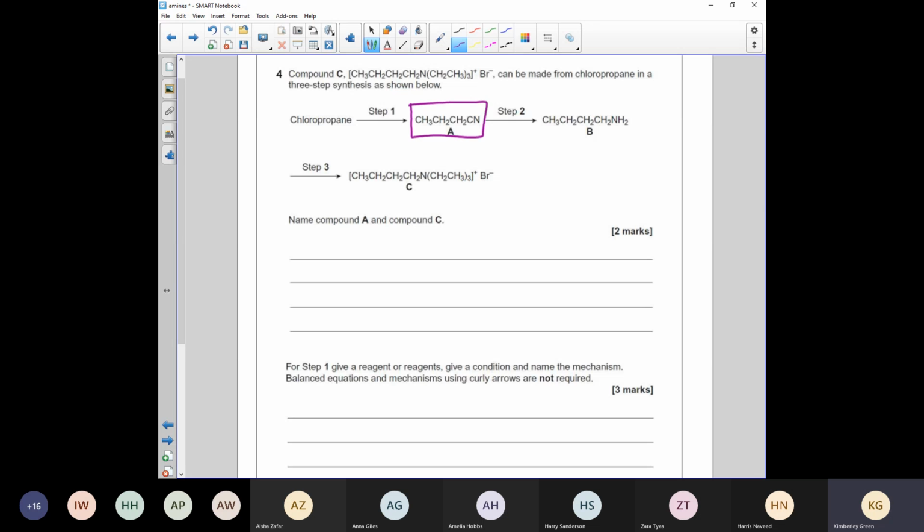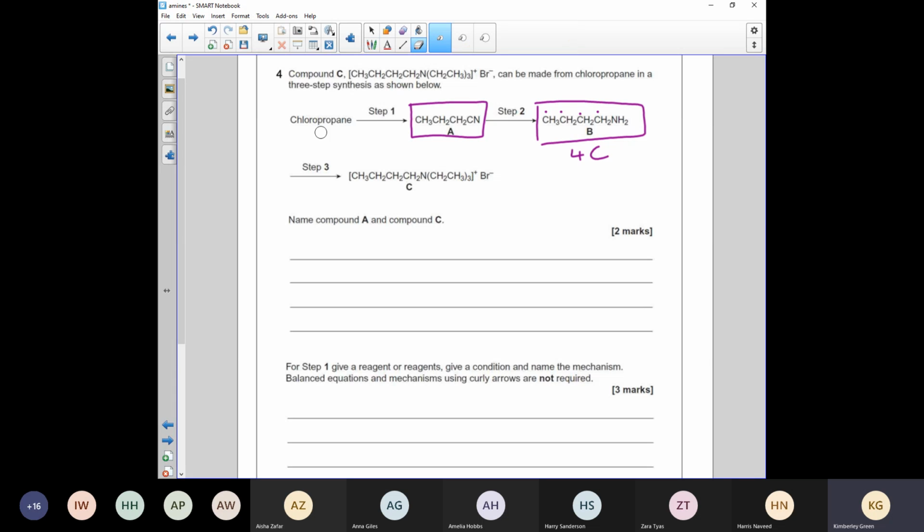We start with chloropropane, and we've swapped it for that cyanide, and then the cyanide has formed this amine. So the chloropropane had 3 carbons, and this thing over here is 1, 2, 3, 4 carbons. So by using that cyanide, we've added the extra carbon and the nitrogen.